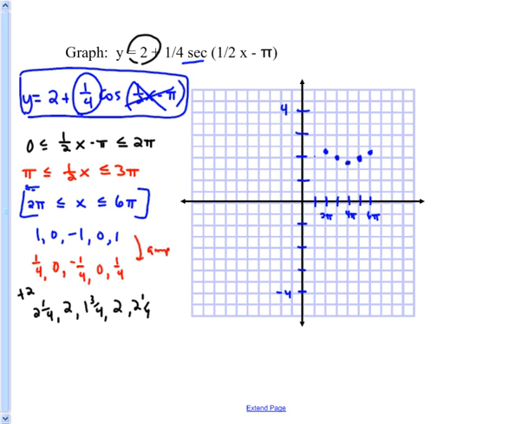Now remember, this is going to keep on going. Oops, sorry, a little bit too high. So that this little graph is smoothing out through here, just like this.